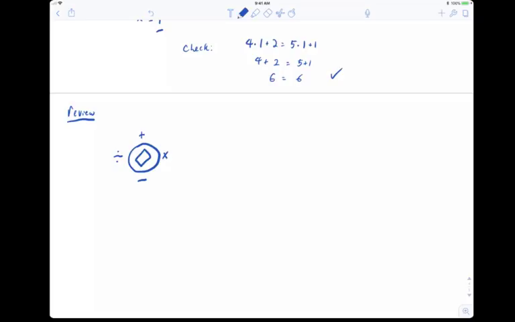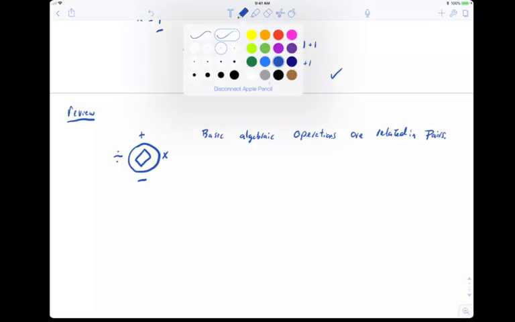There's an interesting point here, and that's that basic algebraic operations are related in pairs. Any operation that can be done has a pair that can undo it.